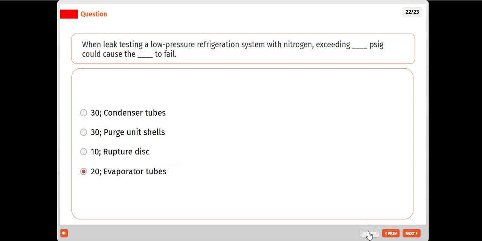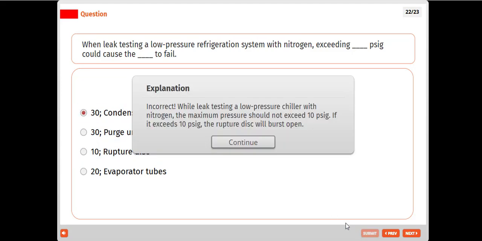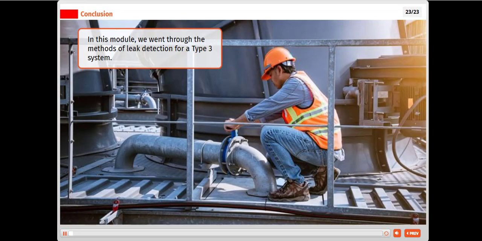I think no, 30 condenser. While leak testing a low pressure chiller with nitrogen, the maximum pressure should not exceed 10 psig. If it's exceeding, the rupture disk will burst open. So the maximum for nitrogen is 10.